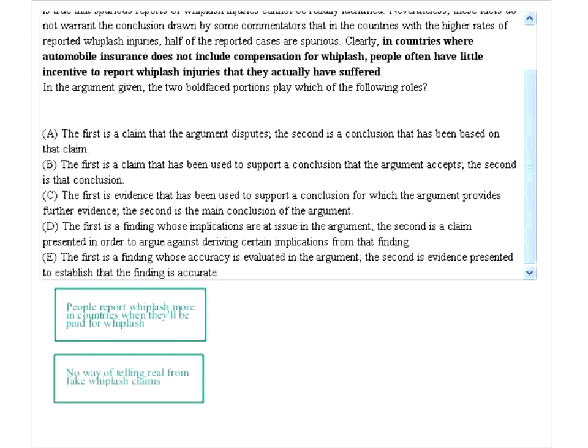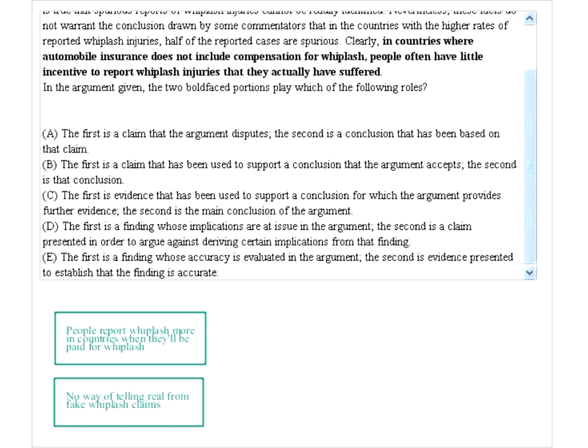By the way, it helps to rephrase these things into your own words when you're doing this sort of flow diagram. It helps to rephrase statements into your own words, because there have been studies that have shown that rephrasing things helps comprehension.